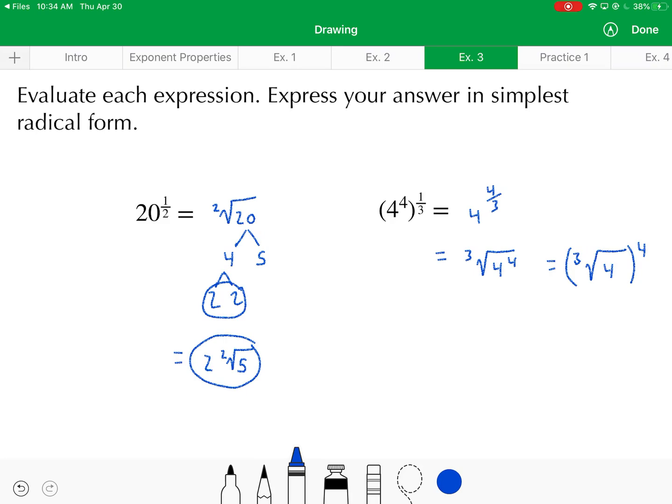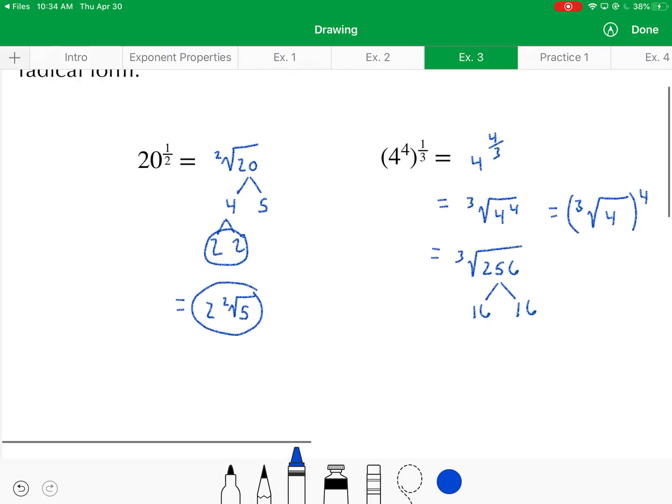So it's going to be better for me to go and raise that 4 to the 4th power. That becomes 256, right? Okay. And then I'm just going to break that down and try to simplify this radical. So 256 is actually a perfect square. It's 16 and 16.